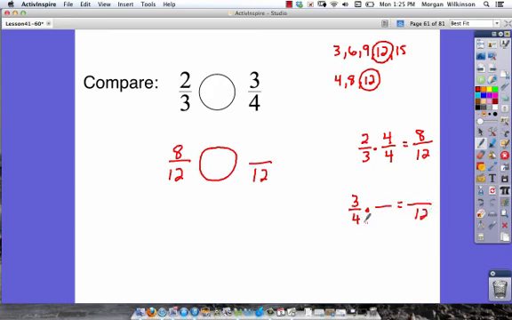Well, we know 4 times 3 is 12. So our fraction equivalent to 1 is 3 out of 3. 3 times 3 is 9. So we get 9/12. Alligator mouth wants to eat the bigger number, so we're going towards 9/12. We could say 8/12 is less than 9/12. And we've got our correct answer.